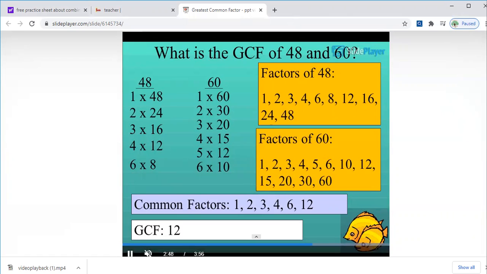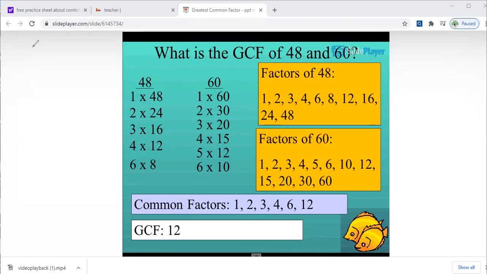Also in this lesson, we have to study how to find the prime factors of any number. There is a difference between the greatest common factor and the prime factors.